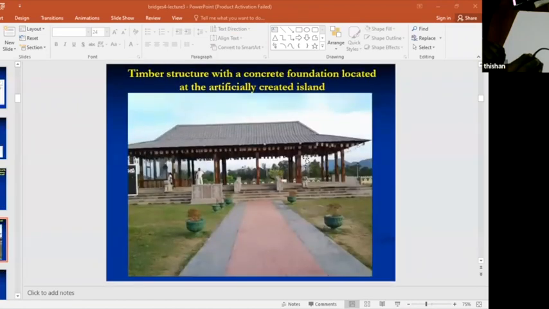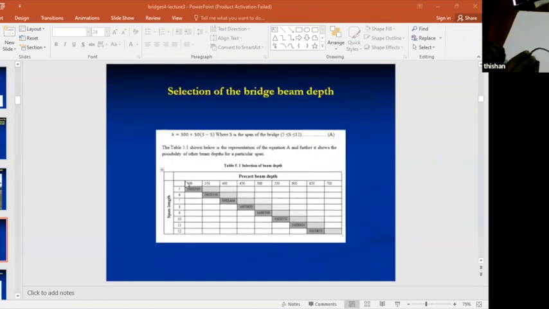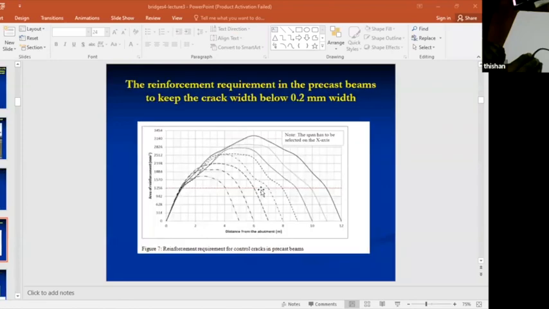And then we have some guidelines that we have worked out by performing a number of designs. So we'll take one of these examples and see how a bridge can be constructed. And then to determine the amount of reinforcement, again, some charts have been developed.